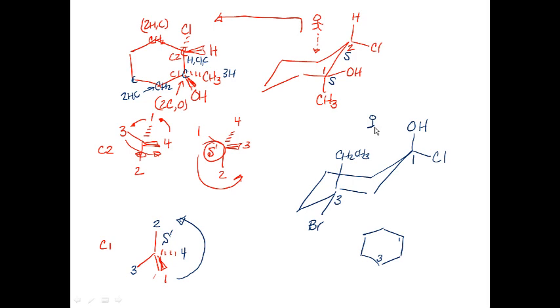Again, being above the plane of the ring, looking down, I see an OH group above the plane of the ring and a Cl below. I see an ethyl group above the plane of the ring and a Br below.